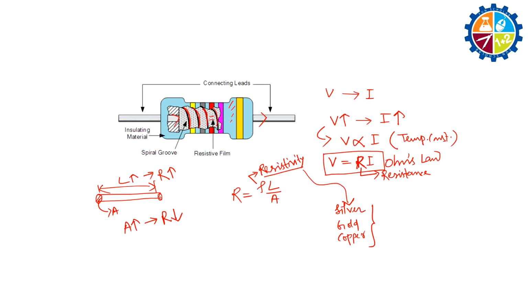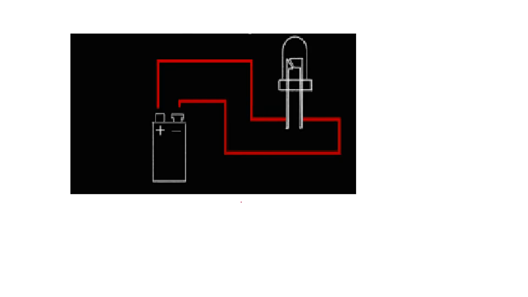Now let's go back to that previous example. A typical LED needs around 10 to 15 milliamps of current to glow. Here I'm providing a 9 volt supply, but for this particular LED there is a forward voltage of 2 volts.